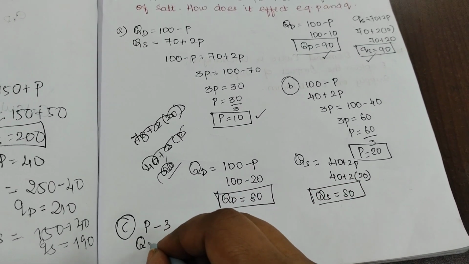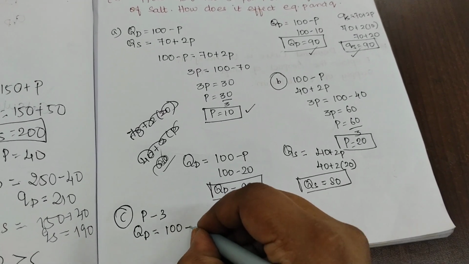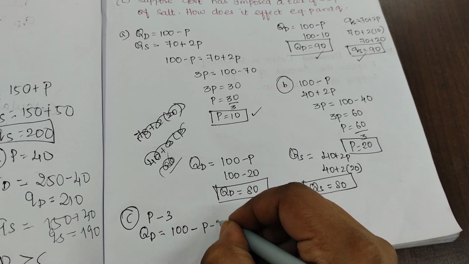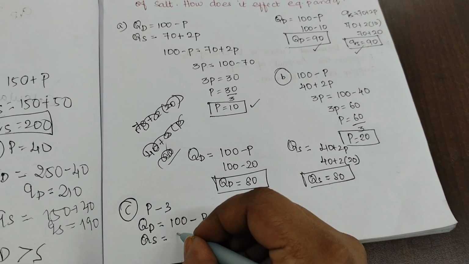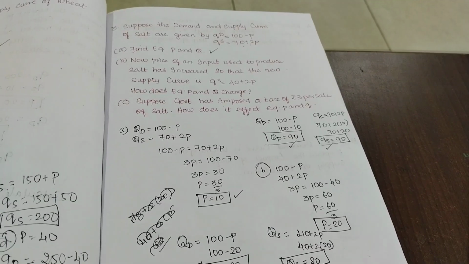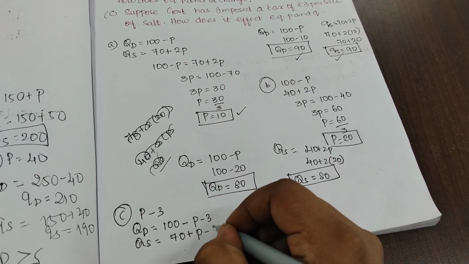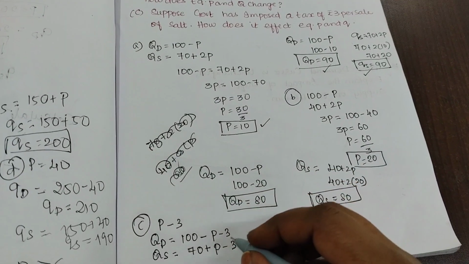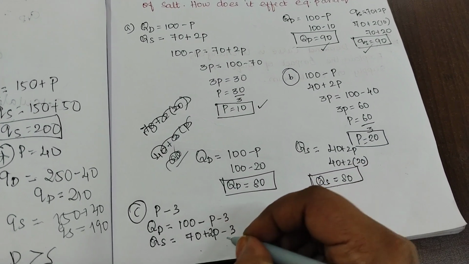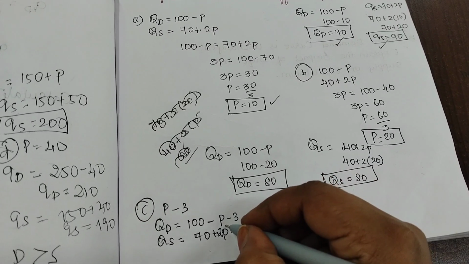So QD is equal to 100 minus P minus 3 and QS is equal to 70 plus 2P minus 3.